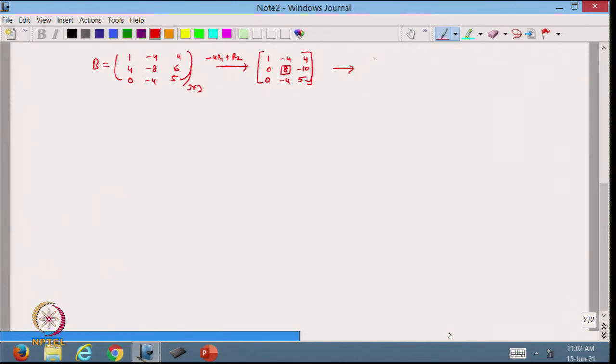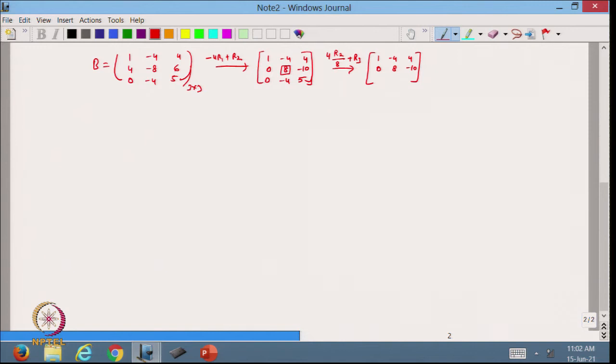Now, from here I have to make the element 0 here. So, 1 minus 4 4. Now, in this case it is 0 8 minus 10. I want to make this element 0. So, what I do is that I will take R2, divide by 8 and multiply by 4 and add to R3.